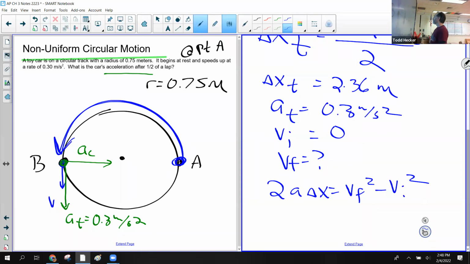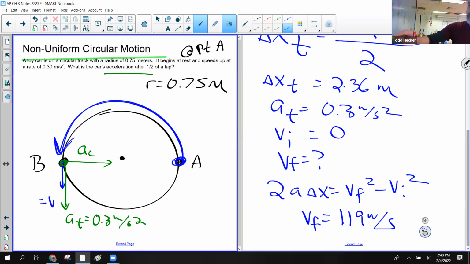Okay, so plug in all of your numbers. You know everything here except for your vf. Solve for the vf, and it turns out to be 1.19 meters per second. Okay, so that's the velocity that I have at point B, 1.19 meters per second. I guess you could put in negative j, right? Because it's moving downward.